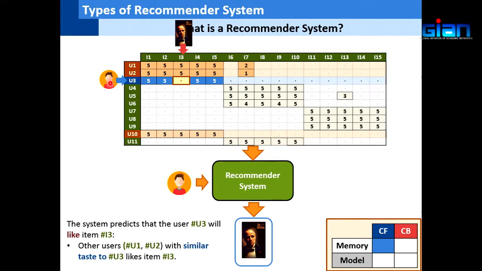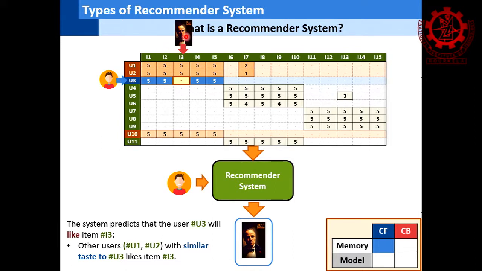If we know that boys like crime films, perhaps we can recommend this item to this user. Or for example, if we have information on items, that this movie is a crime movie, and we know that this user likes crime movies, we could recommend it. But here we don't know anything about the user and we don't know anything about the item.